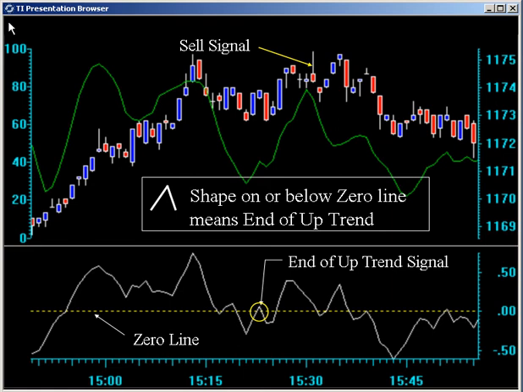There is no other use for an end of the trend signal. In other words, if the market is trending and you see a signal going with that trend, but you also see an end of the trend signal on the MACD, you would ignore that end of the trend signal on the MACD and go ahead and take the signal going with the trend.